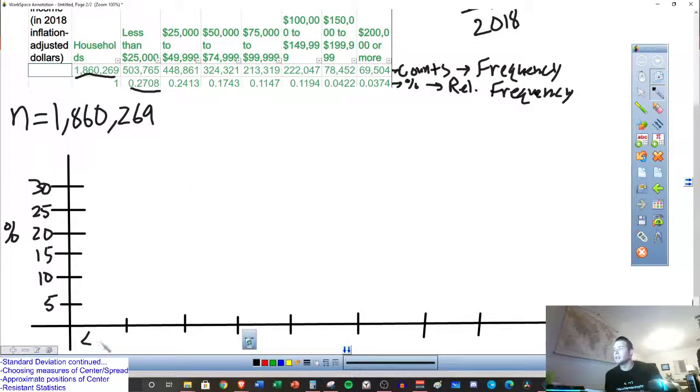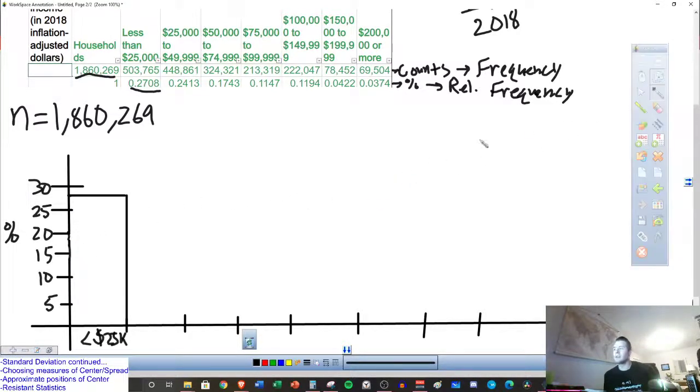This is less than 25K right here. So I'm going to go ahead and we start at 0.2708, so 27%. Draw a line over as good as we can. Draw a line up. Okay, there's my first bar. I'm going to clean this up a little bit so it looks a little bit better.